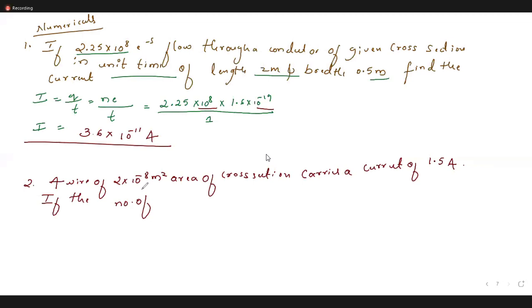Okay, next question. A wire of cross-section 10 to the power minus 8 carries a current of 1.5 ampere.